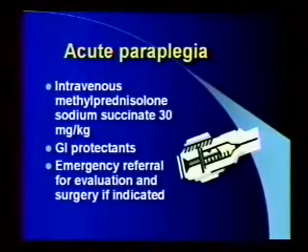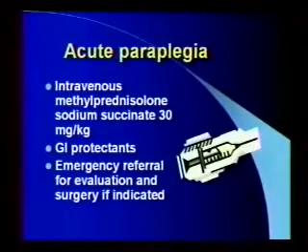Because if they've had a spinal cord injury of any kind, and in the fibrocartilaginous infarctions or the disc problems, there are all these secondary changes that can go on in the spinal cord that the methylprednisolone sodium succinate will protect them from. It's a very powerful antioxidant drug.